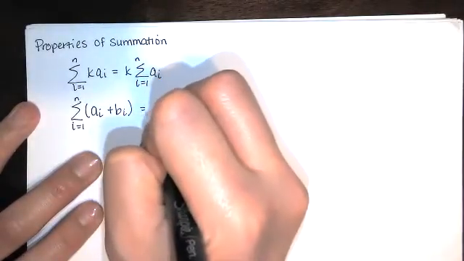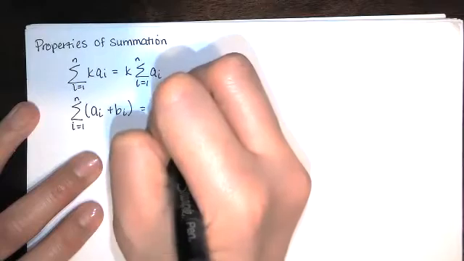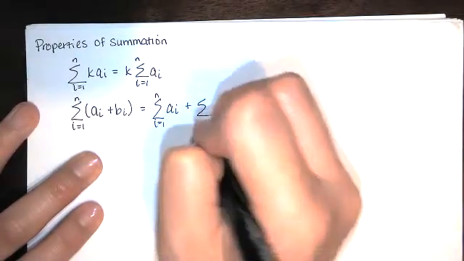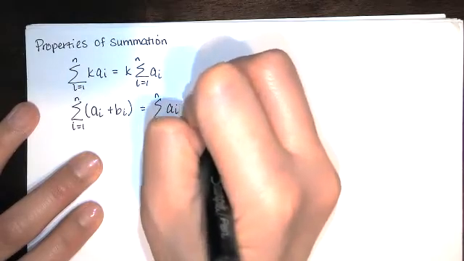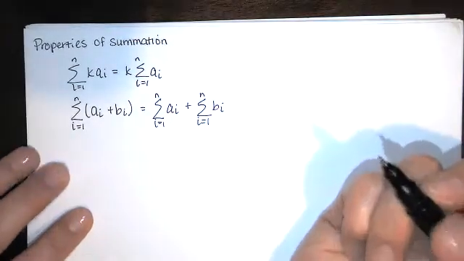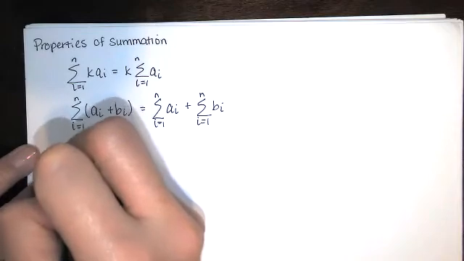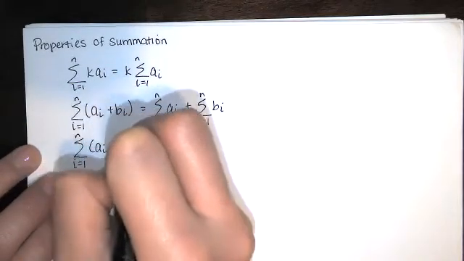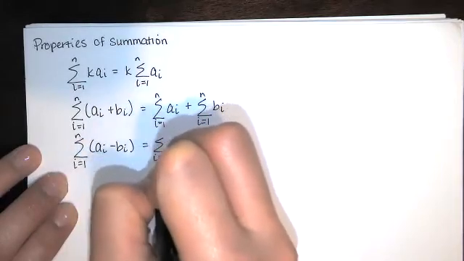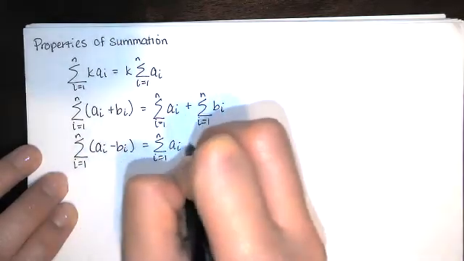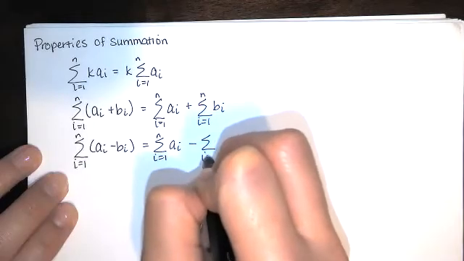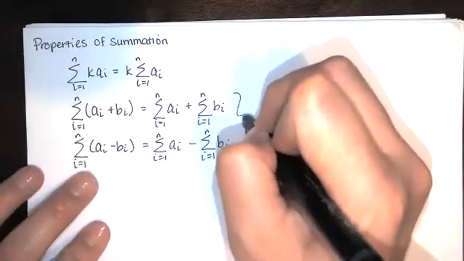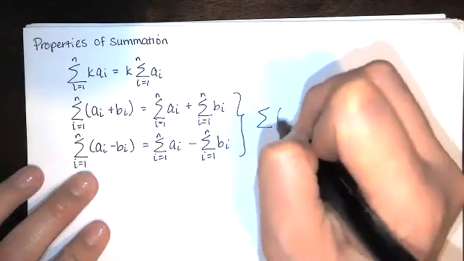It just comes from the commutative and associative properties of the addition of real numbers. And again, the shorthand for both of these put together is just this.